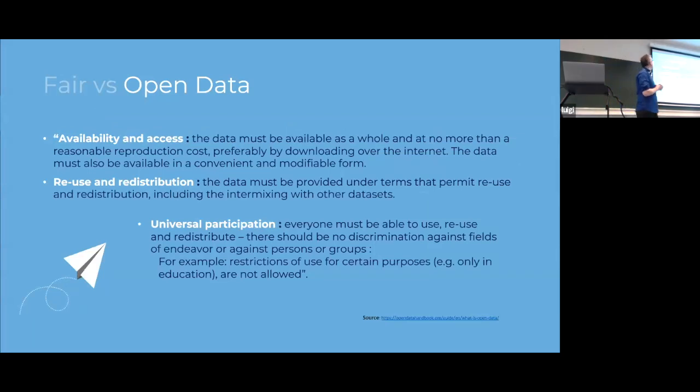If you want to work with open data, you have to make the data available and accessible. That means that the data can be accessed by anyone, most of the time downloaded from the internet. And the data must be available in a convenient and modifiable format.